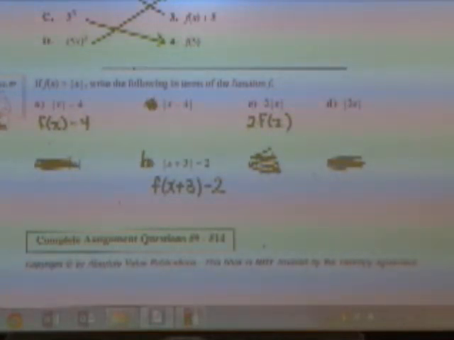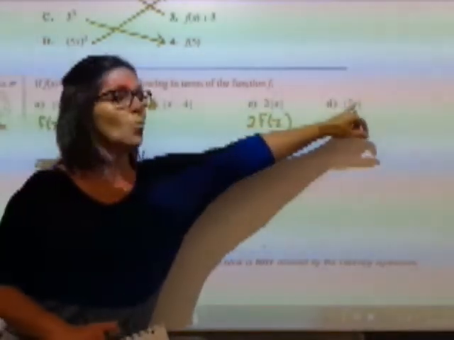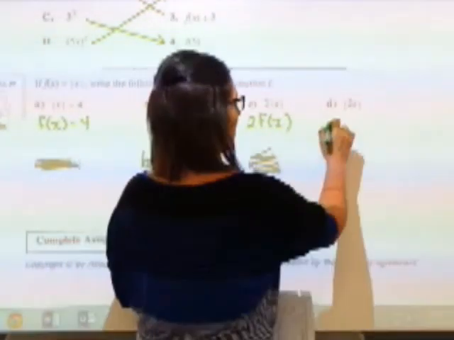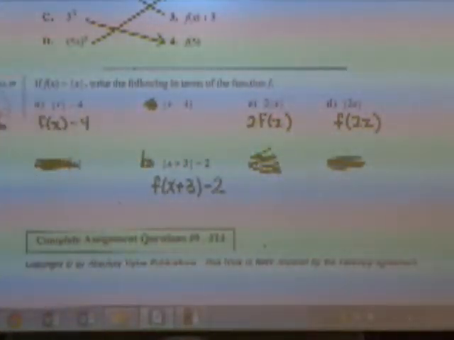What did I do in D? I replaced the x with a 2x. So now this would become an f of 2x.